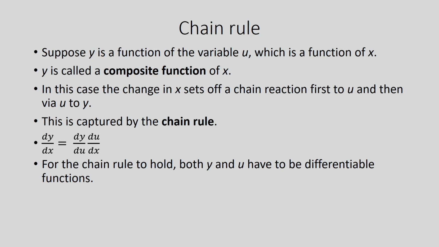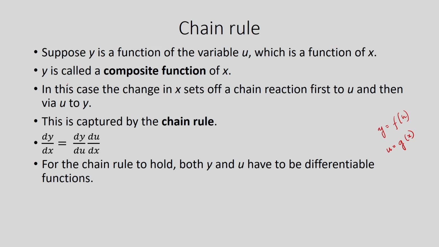Now, we talk about something else which is called the chain rule of derivatives. Suppose y is a function of the variable u. So, y is a function of u, right, but u itself is a function of x. Okay.